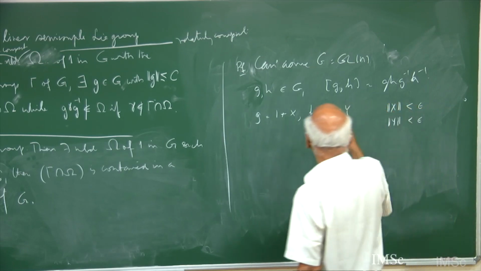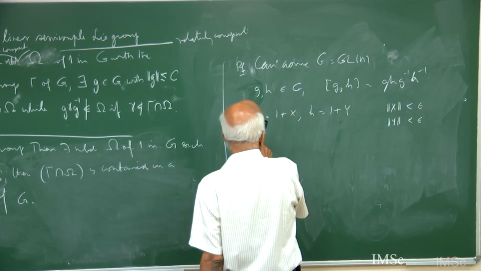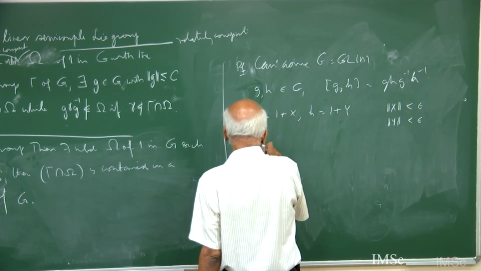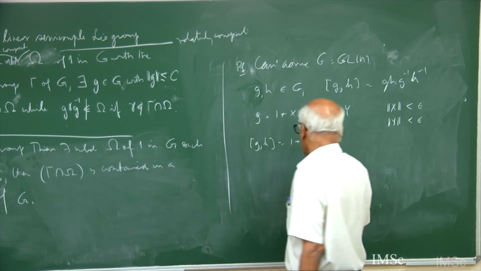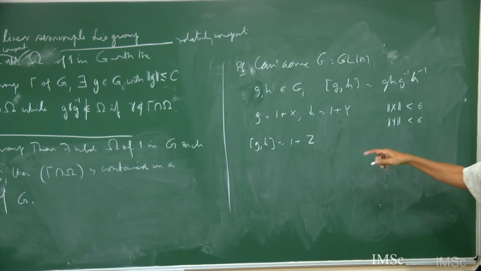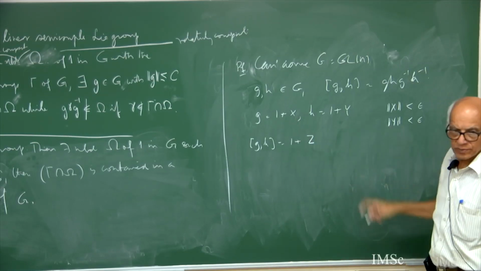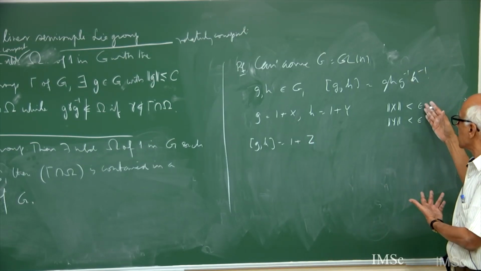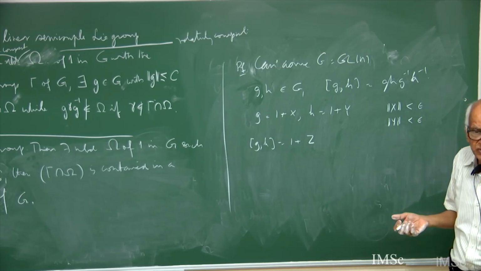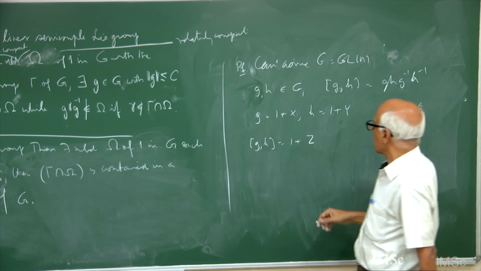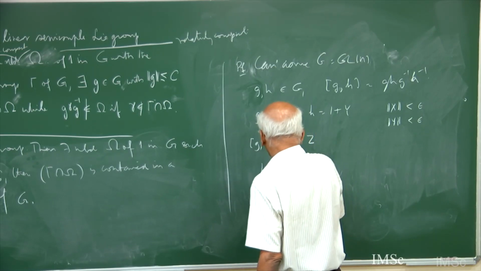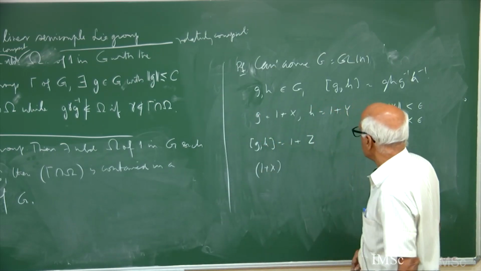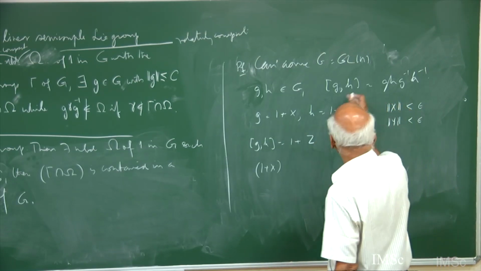What can I say about the commutator? I write the commutator of g and h as 1 plus Z, and I want to estimate Z in terms of the estimates on X and Y. You're going to see it will look like epsilon squared. That's what I want to say. How do I say that? You find that g is 1 plus X and h is 1 plus Y.